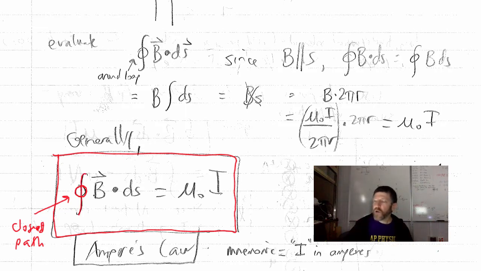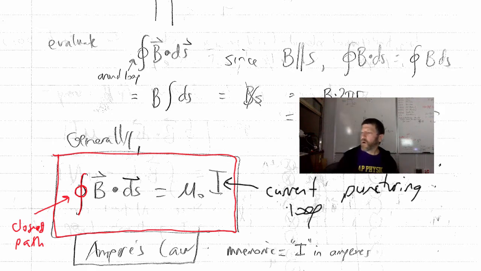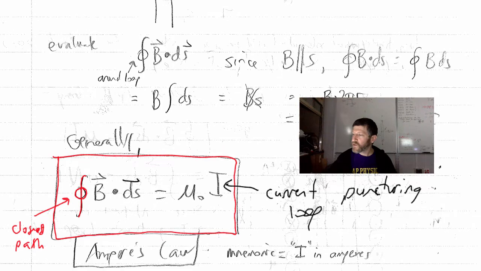The integral of B dotted with the little arc length ds will be mu naught, again our constant 4 pi times 10 to the negative 7, times the current that is puncturing that loop. And you'll see why I use the term puncturing. This becomes very easy for certain types of situations.